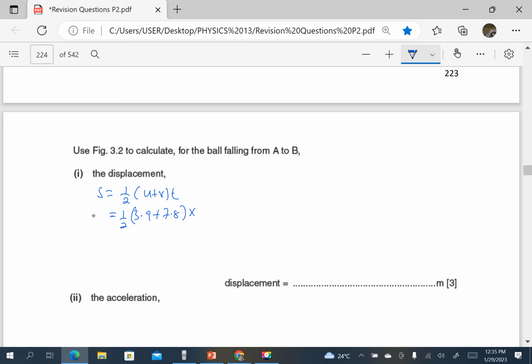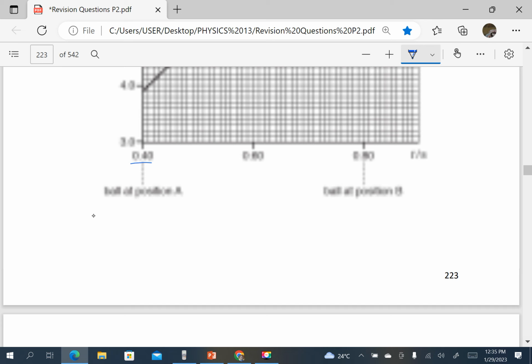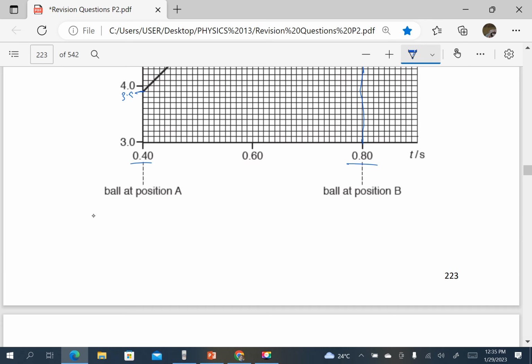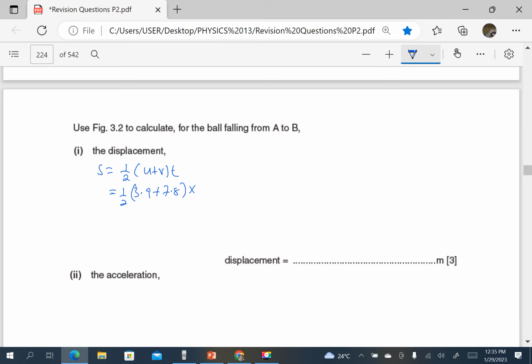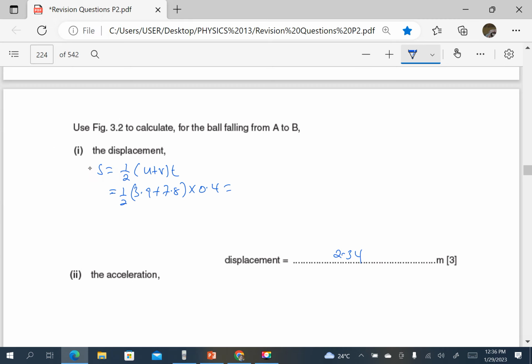Then the time is from 0.4 seconds to 0.8, the difference is 0.4. So this will be 0.5 times open bracket 3.9 plus 7.8, times 0.4, that is 2.34. I hope we could also find the acceleration and use any other method.